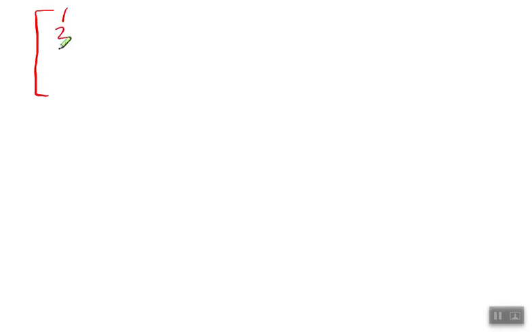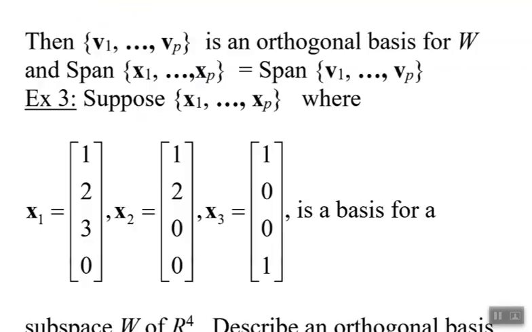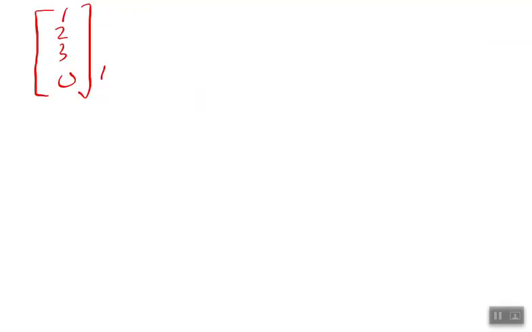We have 1, 2, 3, 0. And then I'm going to make sure that I copy down my notes. We have that second vector, and I am lying to you right now because it's 1, 2, 0, 0.